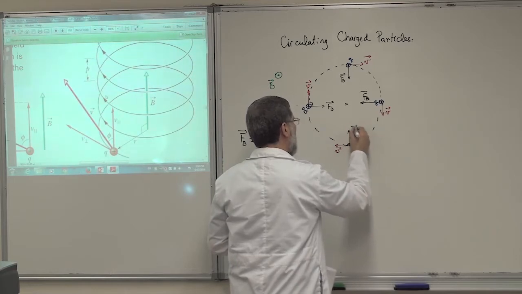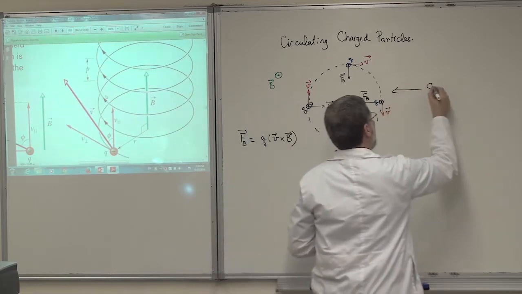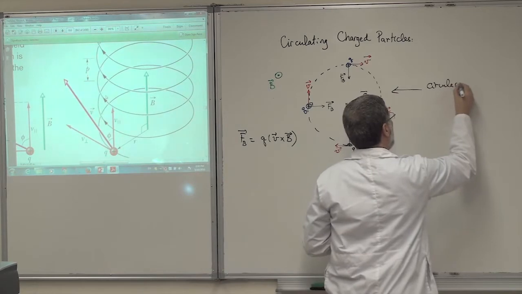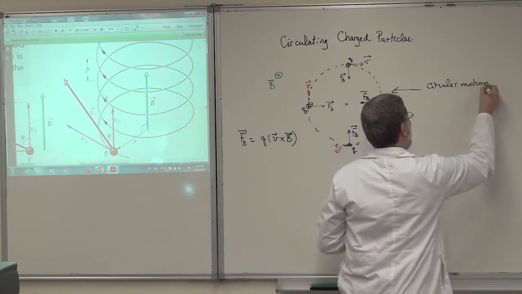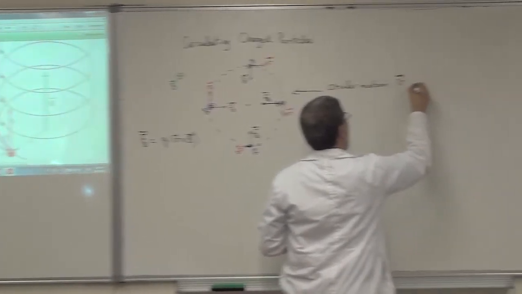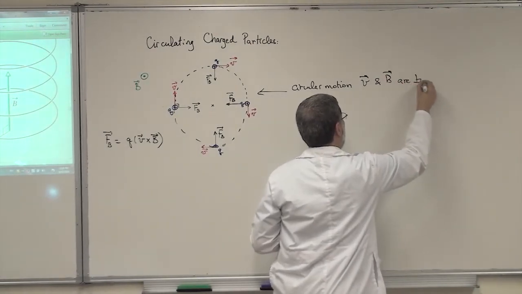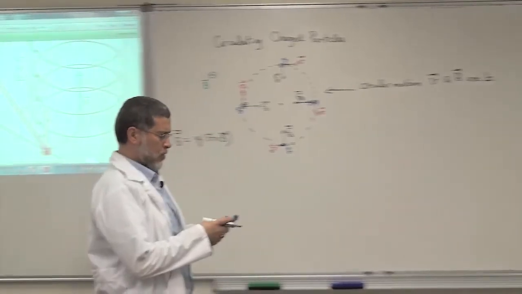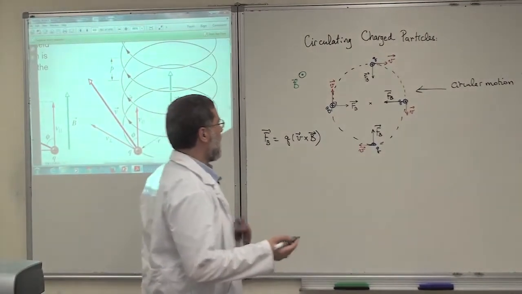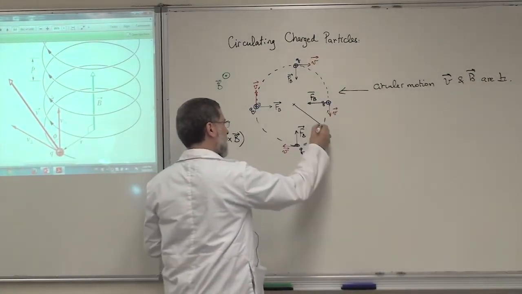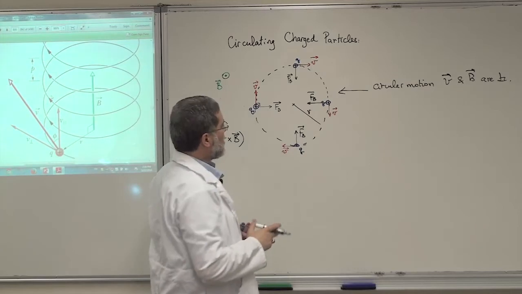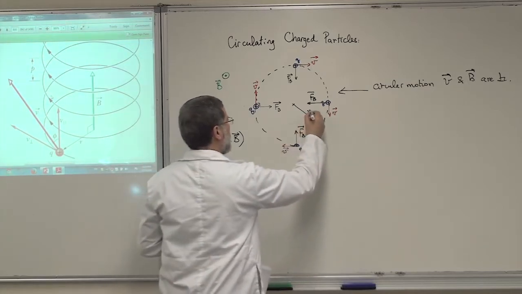Fb. So at the end, you get what? Circular motion. This is when V and B are perpendicular, okay? We'll see later what happens when they are not perpendicular. So you get a circle of radius r. Let's try to find the radius of this circle.